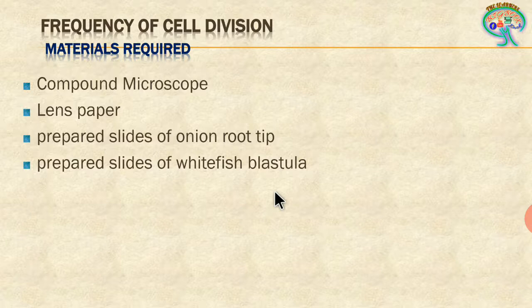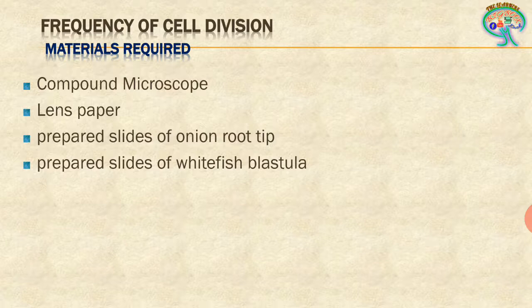Now the materials required are a compound microscope, lens paper for the lenses of the compound microscope, and prepared slides of onion root tip. You know how to prepare the slides of onion root tip with different staining methods.